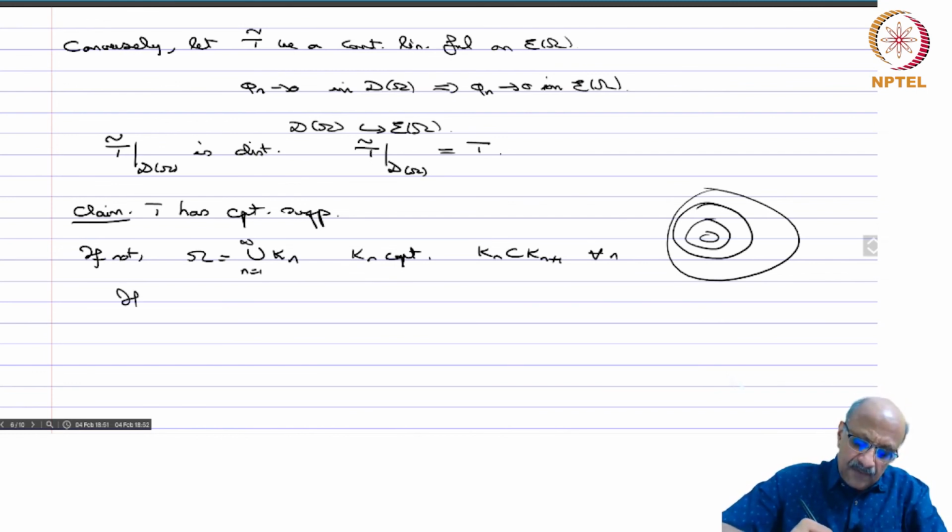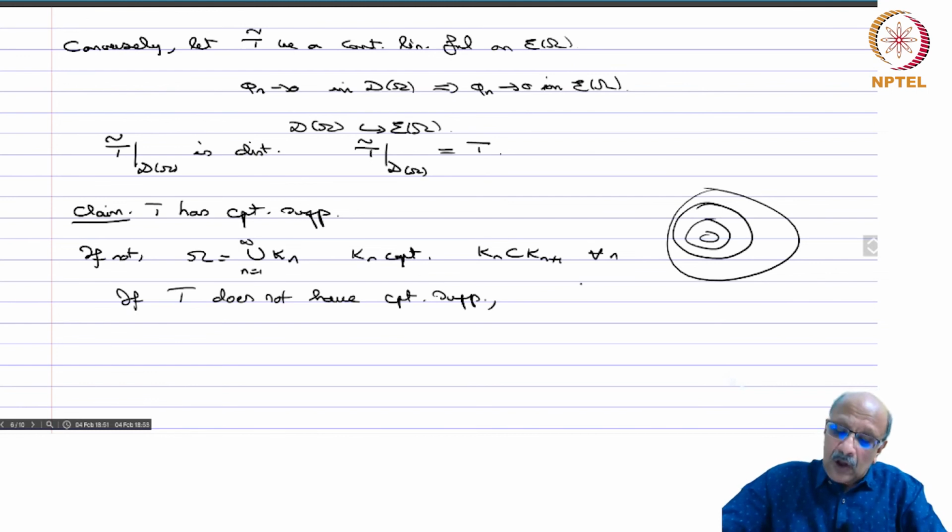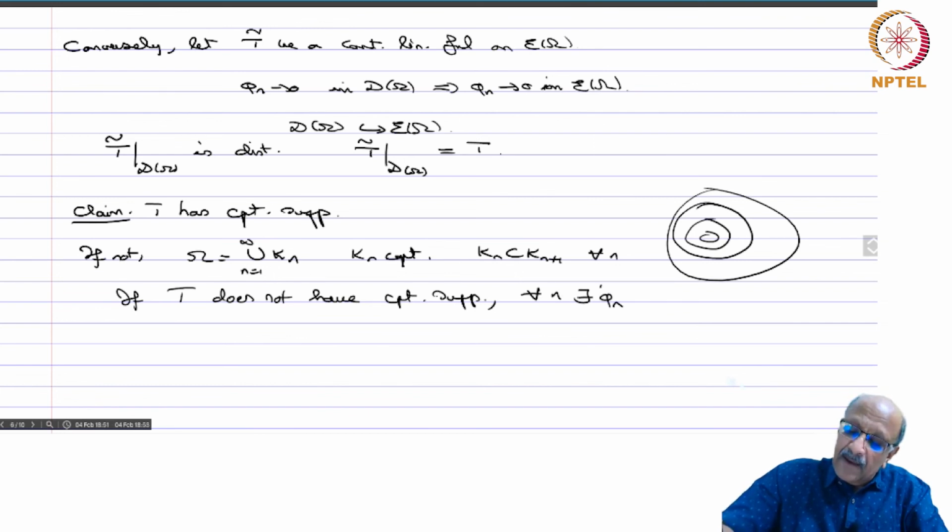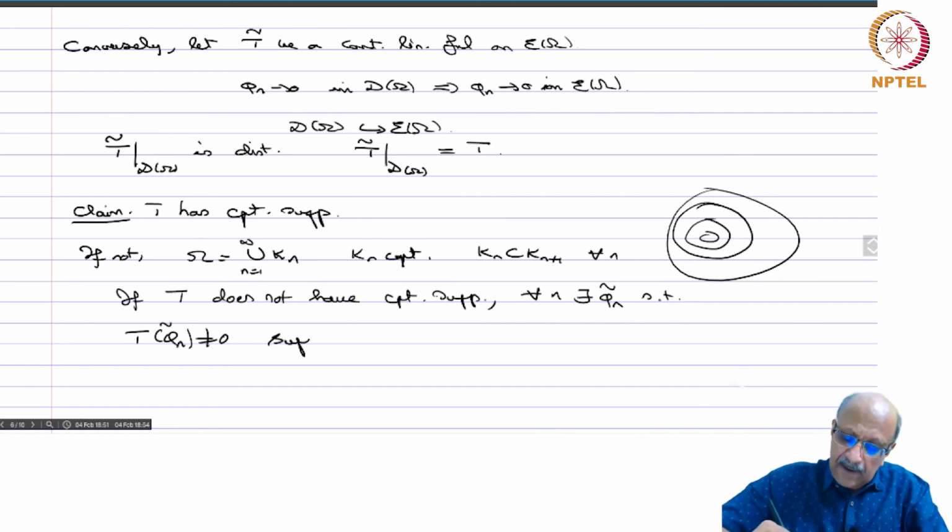Now if T does not have compact support, then it cannot vanish on the complement of any Kn. So for every n there exists a phi n tilde in D of omega such that T of phi n tilde is not 0 and the support of phi n tilde is contained in omega minus Kn.